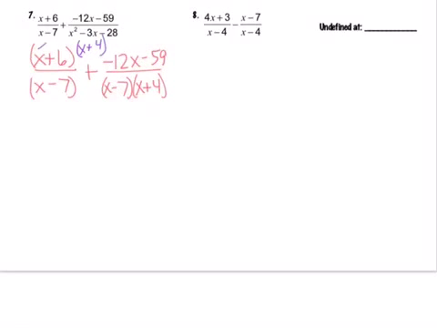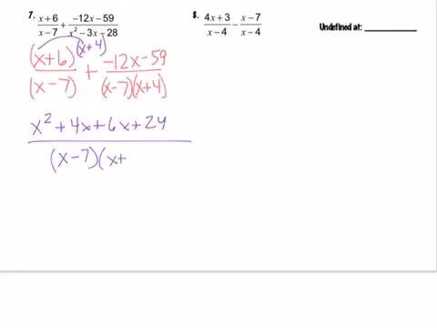So I'm going to FOIL this. So I have x squared plus 4x plus 6x plus 24 all over my LCM. And then this is also added to what I have here. So minus 12x minus 59.